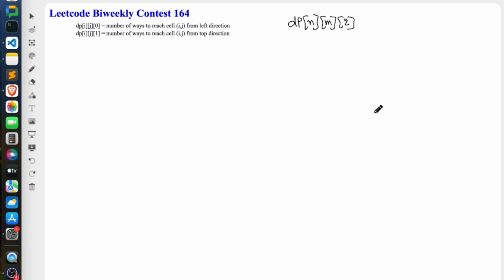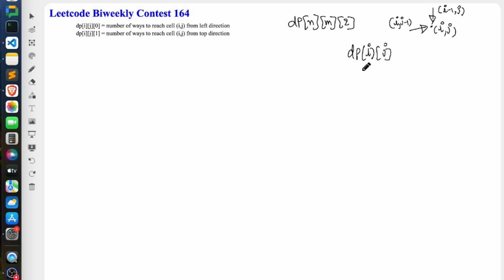So there you would have used a 2D DP array where dp of i, j will tell you the number of ways to reach cell i comma j, right? So let's say this is my cell i comma j. It can be reached either from the top or from the left. So this is my cell i comma j minus 1, and this is my cell i minus 1 comma j.